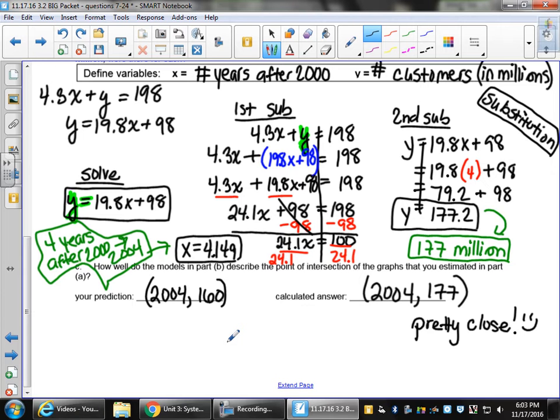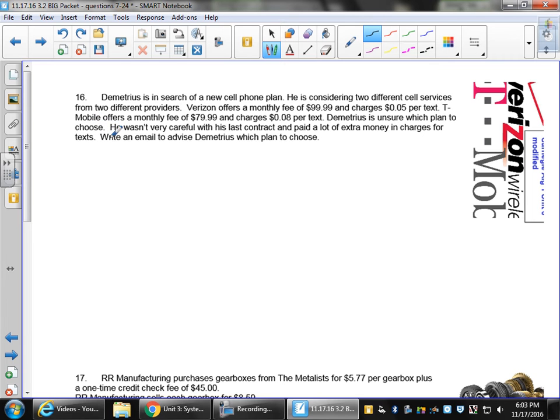Let's talk about 16, T-Mobile versus Verizon. Demetrius is in search of a new cell phone plan. He is considering 2 different cell services from 2 different providers. Verizon offers a monthly fee of $99.99 and charges 5 cents per text.